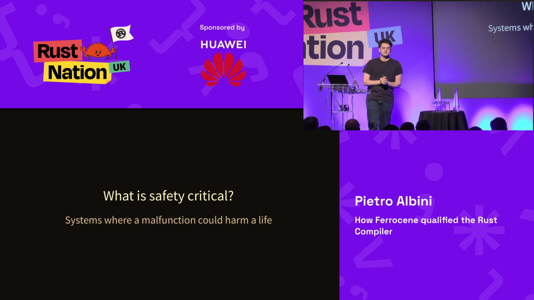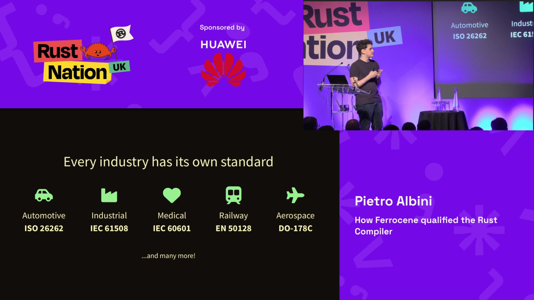What is safety critical? I kind of mentioned it already before, but safety critical is any system where any malfunction could actually harm a human life. And there are a lot of areas that are safety critical. And crucially, each of those areas has some regulations for what you have to do to get your software qualified and certified for safety critical.